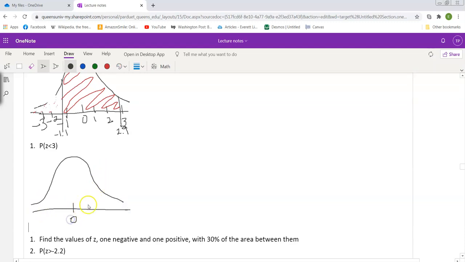So if we sketch 0, 1, 2, 3, -1, -2, -3. The area to the left of 3 is going to be from here on out to the left.